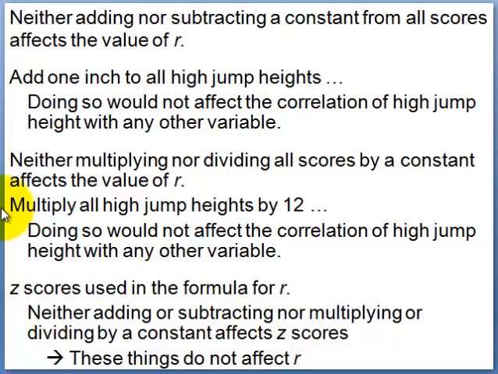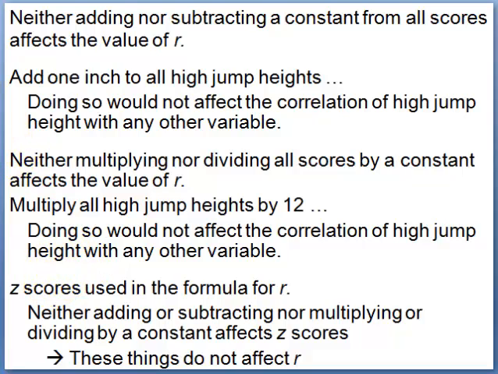Well, you could multiply all of your high jump heights measured in feet by 12. You'd be converting to inches, and then you could correlate high jump height measured in inches with a variety of other variables. And high jump measured that way would correlate precisely the same as would high jump measured in feet, that is, before you multiplied by the constant 12.